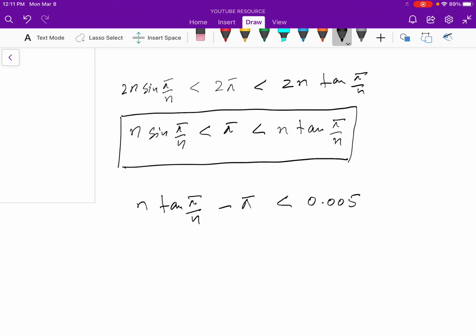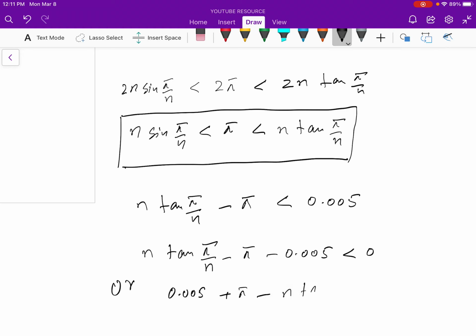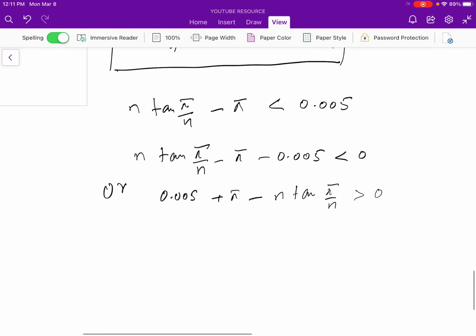You can bring 0.005 to one side, so you can write this as n tan pi over n minus pi minus 0.005 less than 0, or if you take these terms from the left side to the right side, you can write this as 0.005 plus pi minus n times tan pi over n greater than 0. Now you can use your GDC to solve the equation.